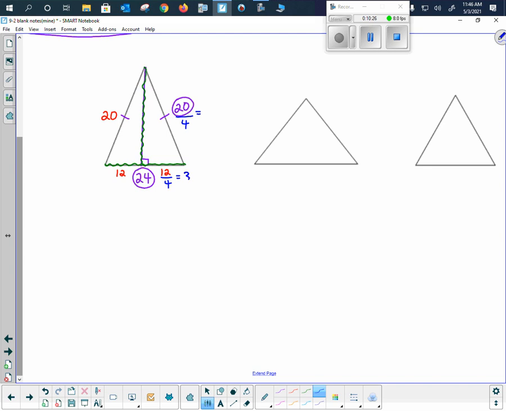That'll give me 3 and 5. Okay, 5 is in the correct place for a triple, so I know it is a 3, 4, 5 triple. And that if I multiply by 4 that I reduced by originally, I will have 16.